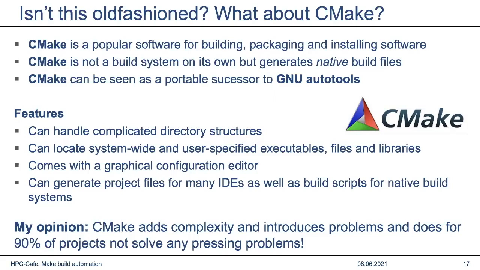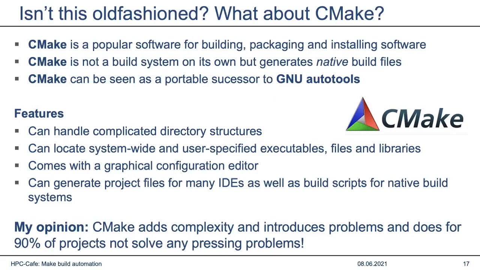So the features that are promoted by CMake itself are that it can handle complicated directory structures, can automatically locate system-wide and user-specified files, libraries, executables. It comes with a graphical configuration editor. And as a bonus, it can generate project files for IDEs, like Xcode and Visual Studio.